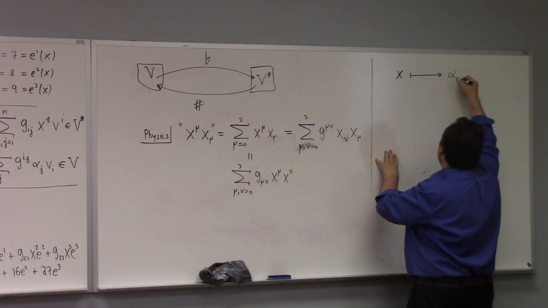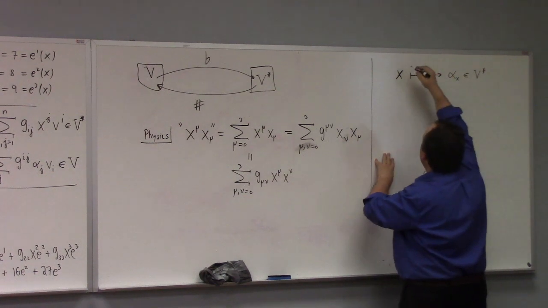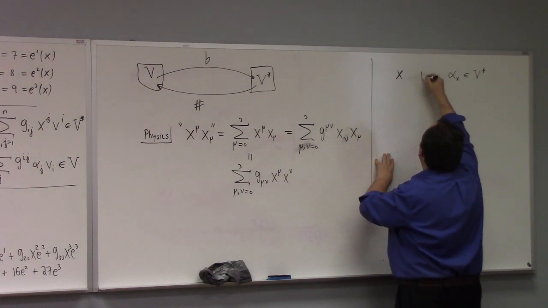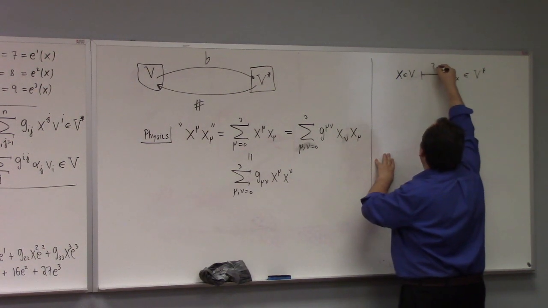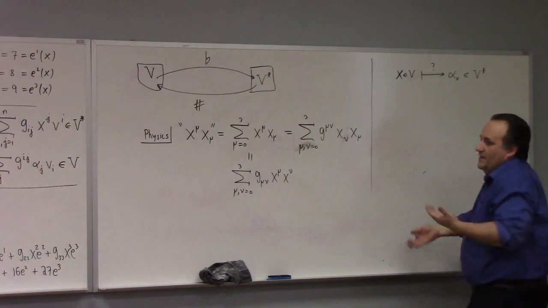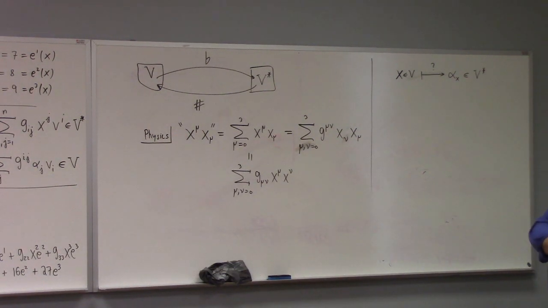Let's say alpha sub x in V dual. How do we accomplish that? How do we get an isomorphism of a vector space with its dual space?